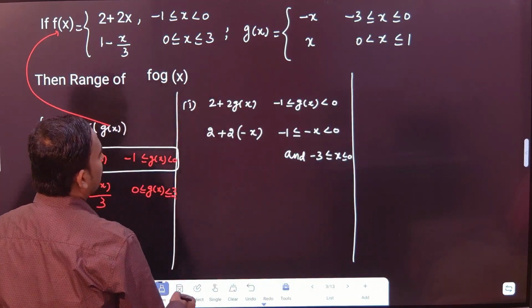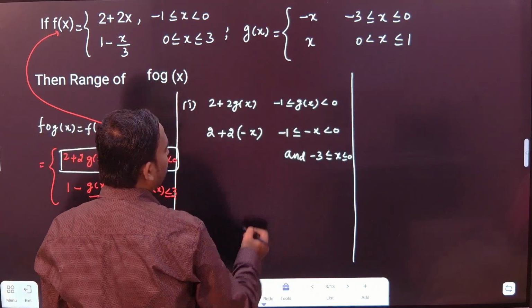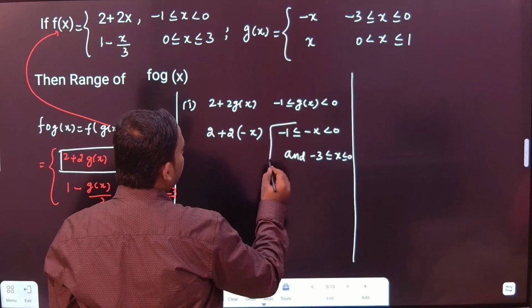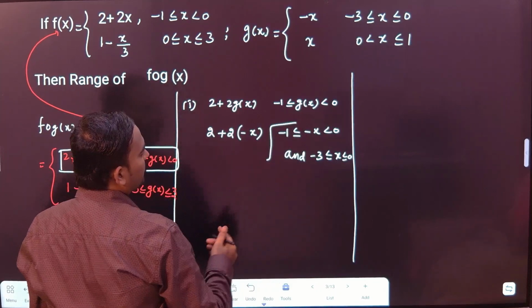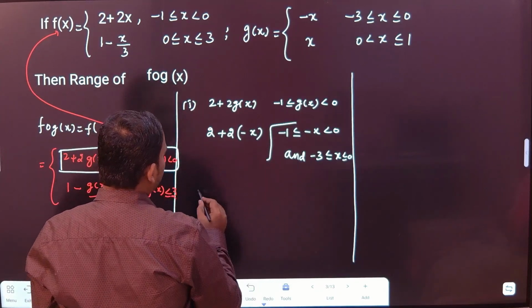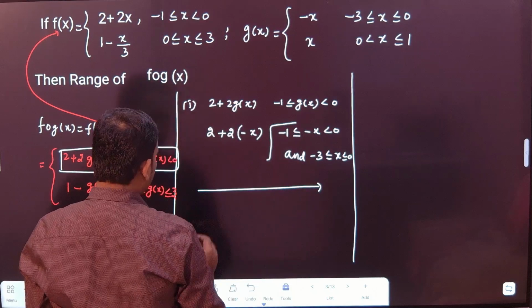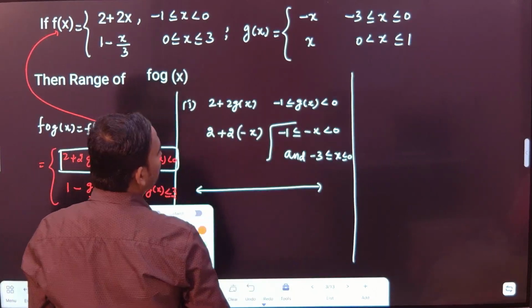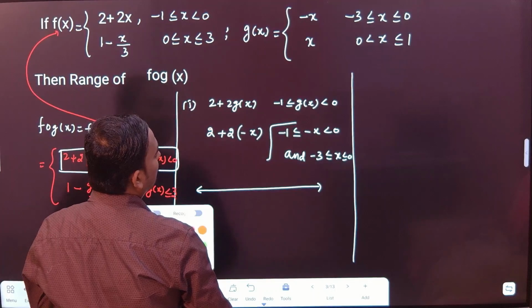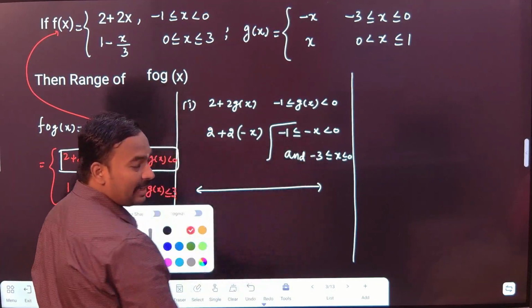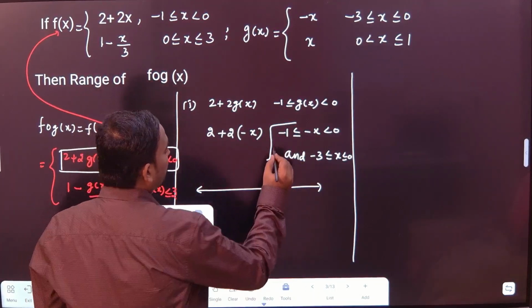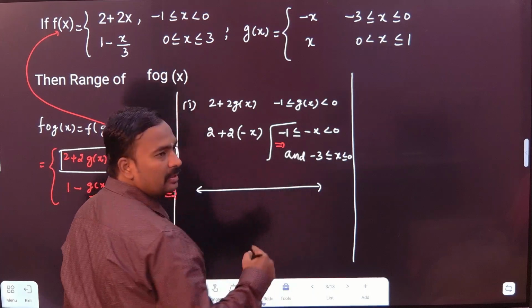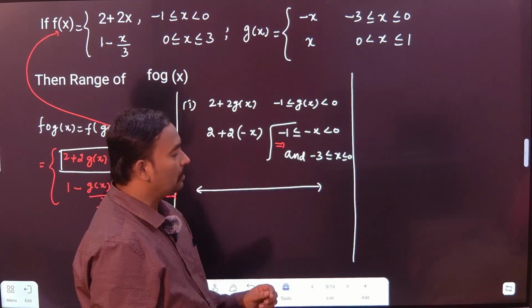Now you need to find the intersection here. The first one is minus 1 to 0, but we need x, so you multiply by minus 1 in the inequality.